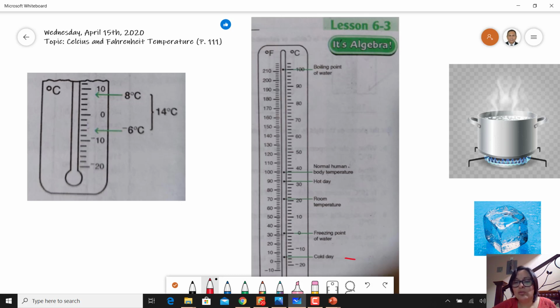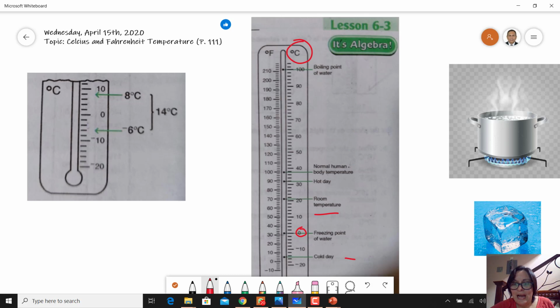When or at how many Celsius degrees are we going to have a cold day? So looking here that we have the 0, and we say here 10, 20, 30, 40, 50, and so on. But in here we say minus 10, minus 20, because it's under 0.